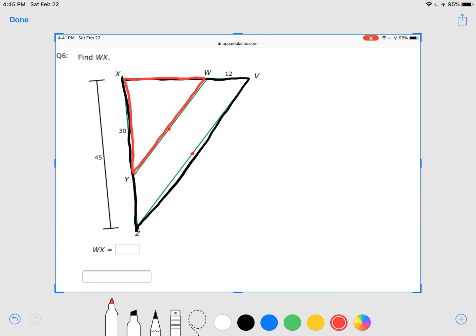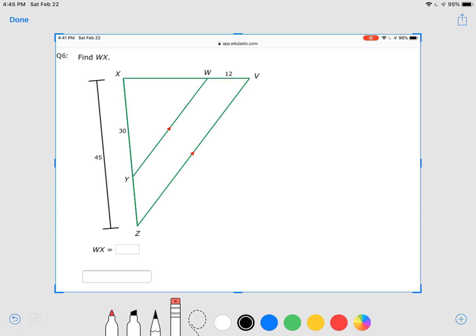So I would have to say that 30 over 45, and the reason I can do that is because 30 is this entire side of the small triangle, and 45 is the entire side of the big triangle. So I'm actually finding corresponding sides of the triangle. And then I can set that equal to the other side of the triangle. But with the triangle proportionality theorem, we're not limited to just doing the entire side.